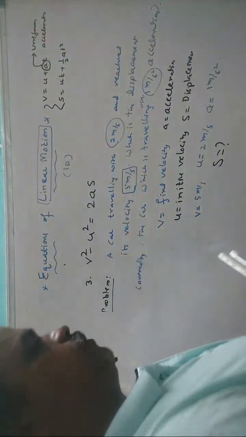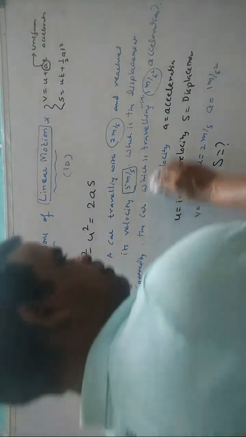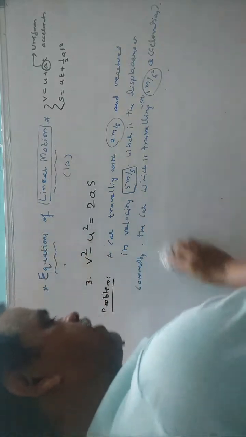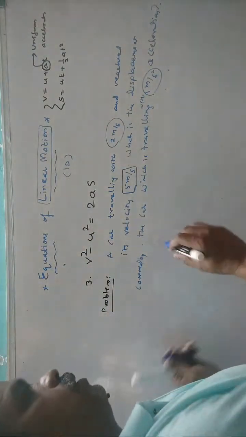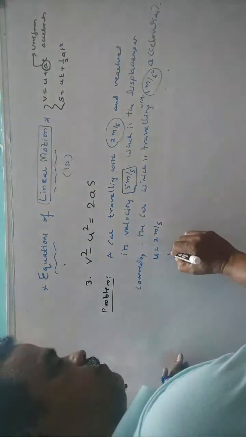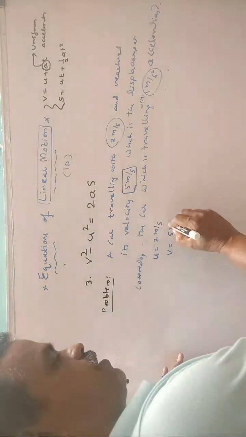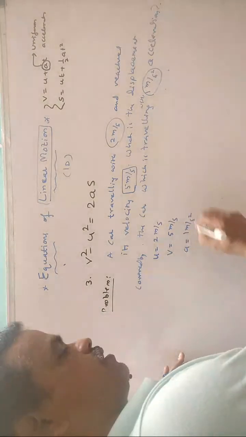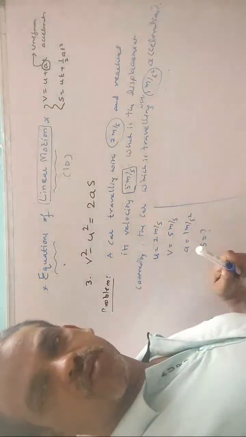So I am substituting these values and doing the problem here. u equal to 2 meters per second, v equal to 5 meters per second, a equal to 1 meter per second square. This is the information we have in this question.